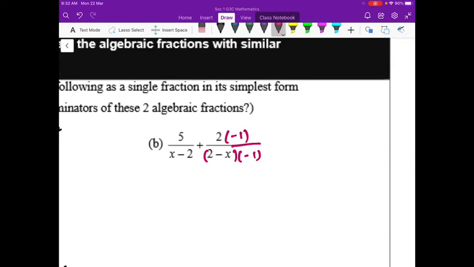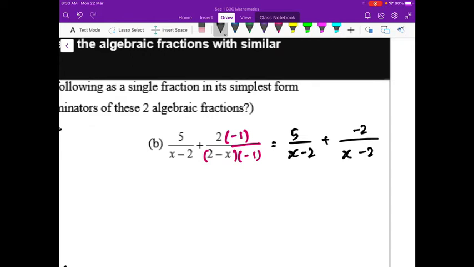What is going to happen over here? Look at the second denominator, x minus 2. So this is a plus. The second denominator becomes negative 2 plus x. Look, the denominators are now the same, with a negative 2 in the numerator.